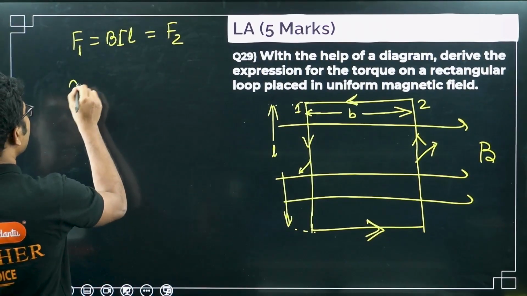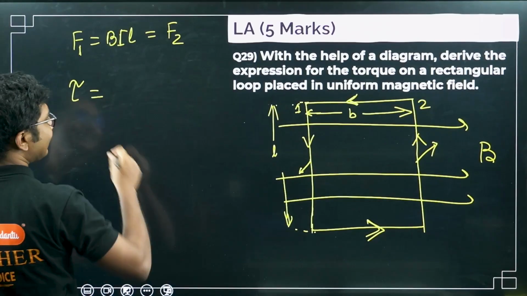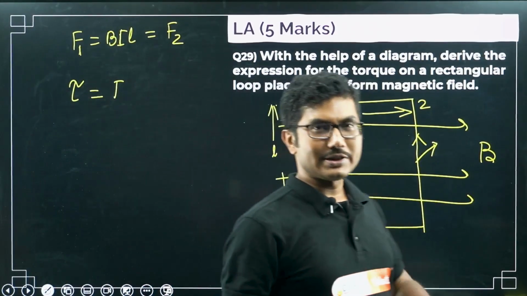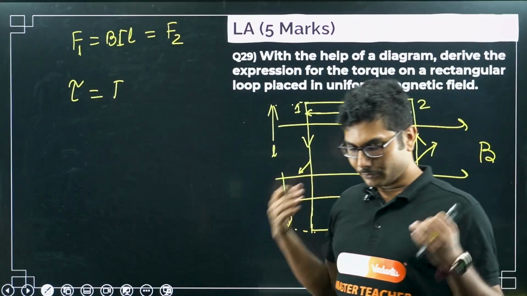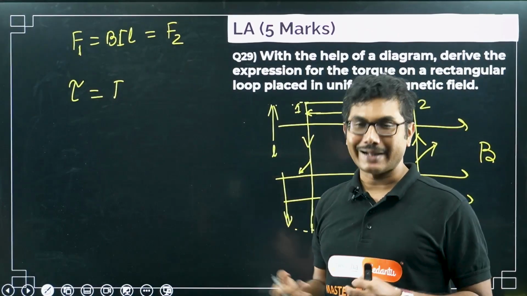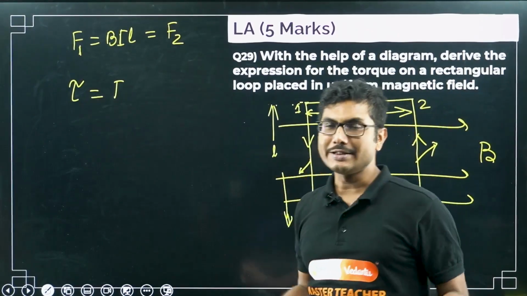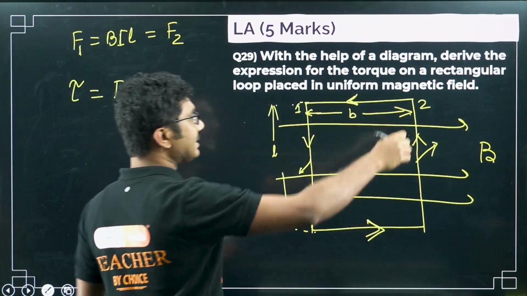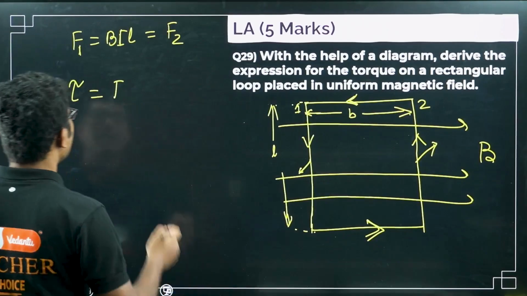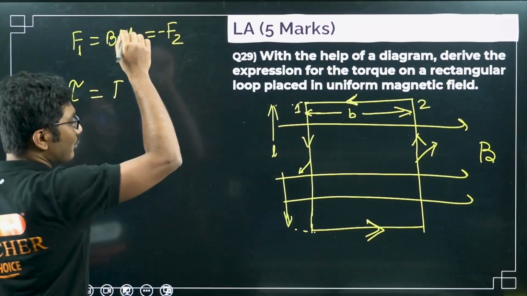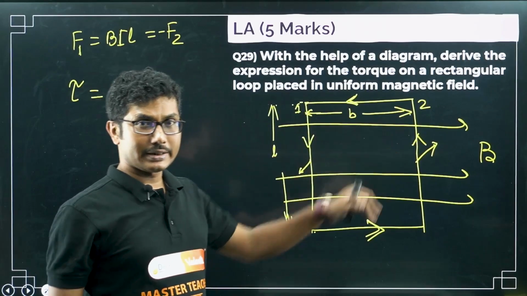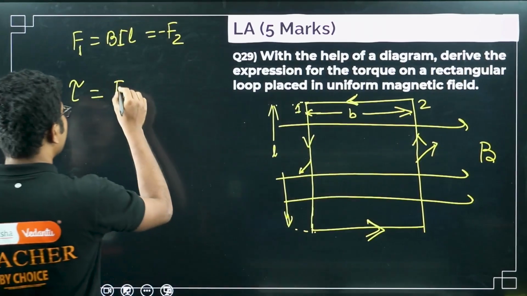So what is the torque? Torque, we know, when two equal and opposite forces act on a system, is given by any one magnitude times the distance between the forces. What is the distance between the forces in this case? The distance between the forces is B. And here, as you see, the forces are opposite in direction, so definitely there will be a torque acting.